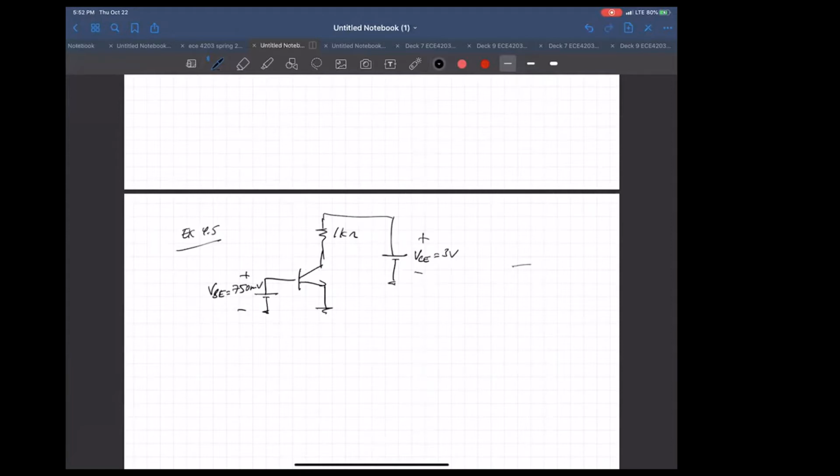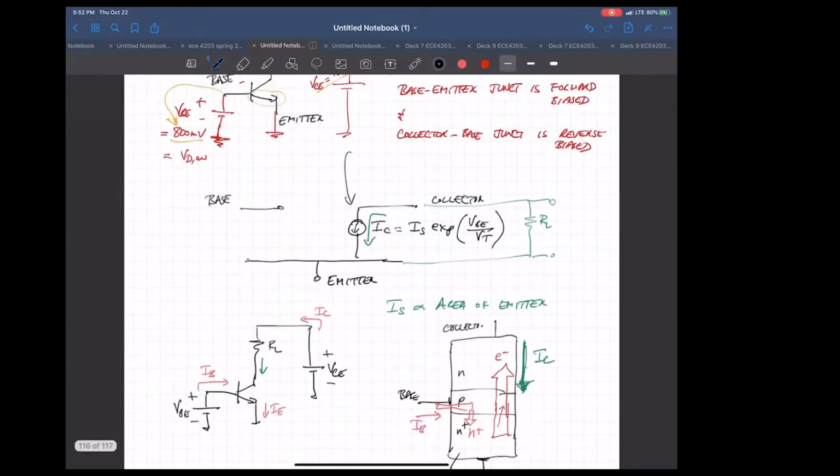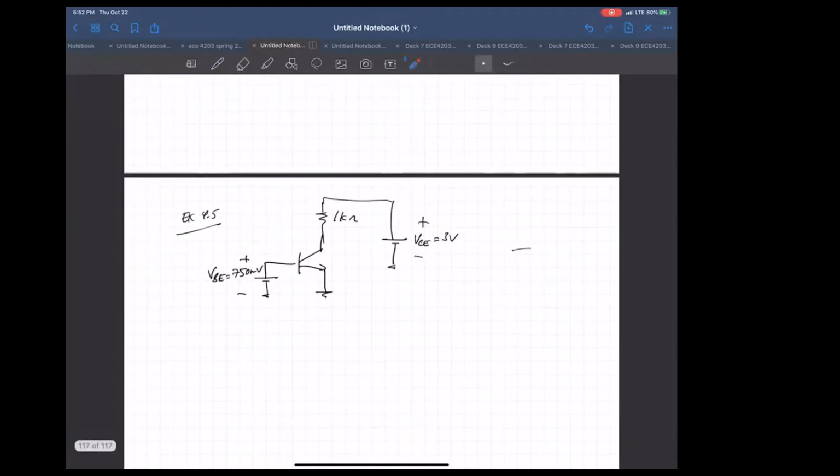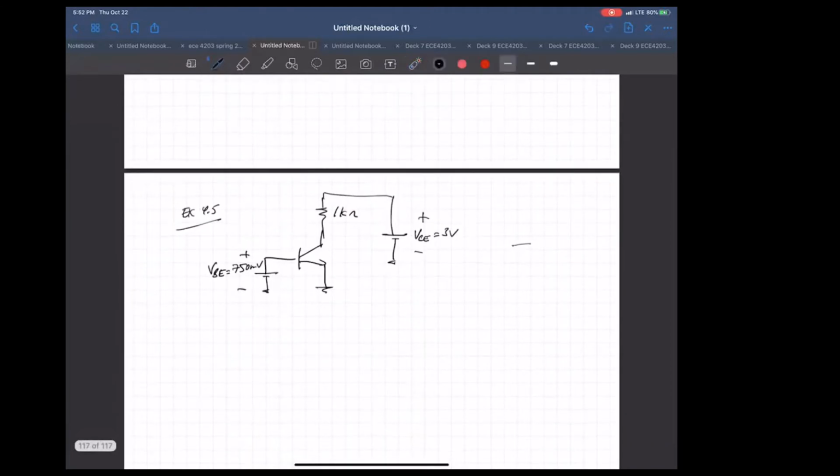So if I was going to redraw it like this guy here, you see it's kind of breaking, like you'll see the output is here. Basically this guy is your current source on the output side.